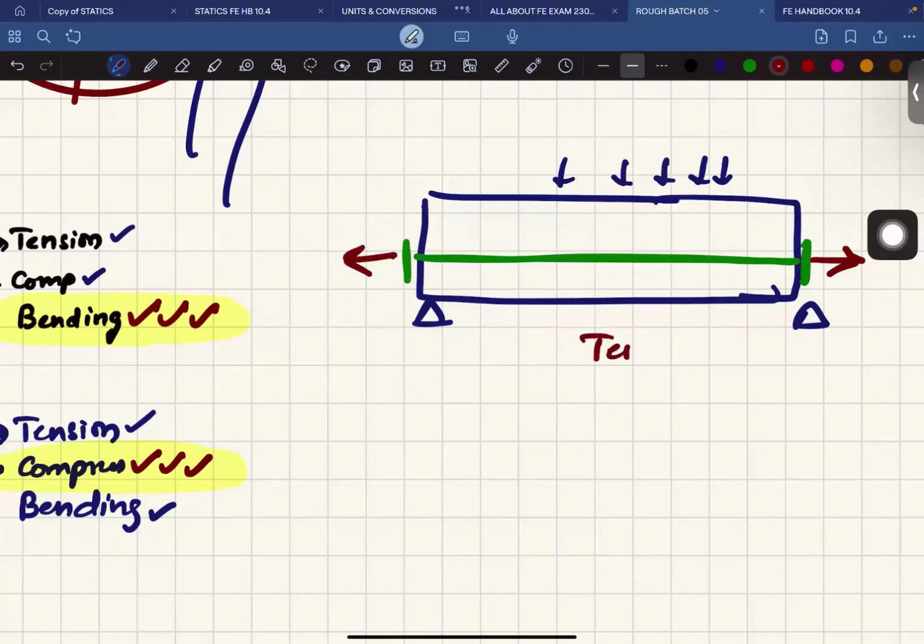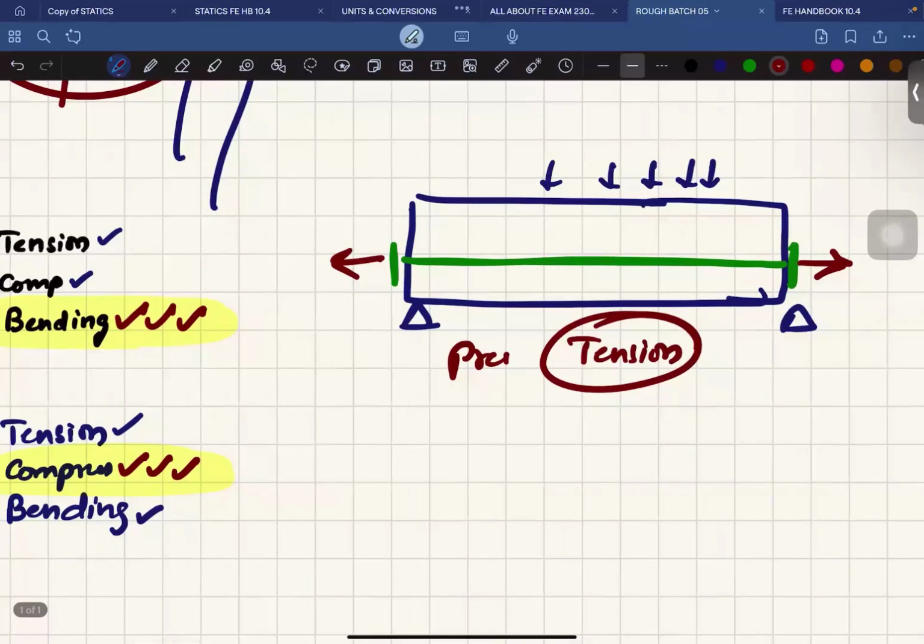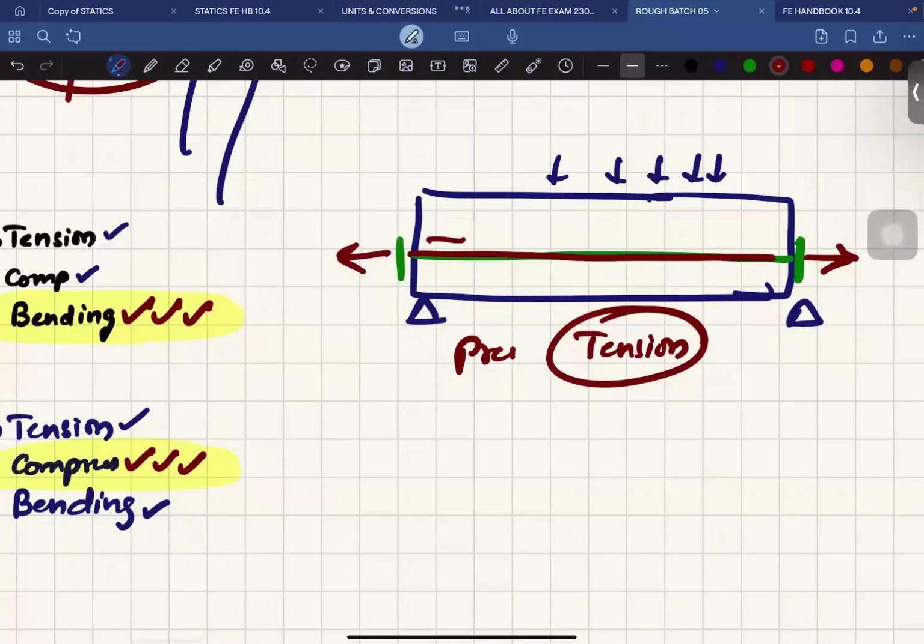This is a kind of maximum tension. It's like pre-tensioning the member so that it will act against the compression. When you pre-tension it, this tendon will try to regain its original length. Because of that, compression will be developed, and this will nullify whatever tension develops due to external load.